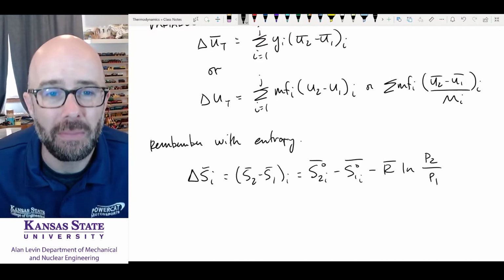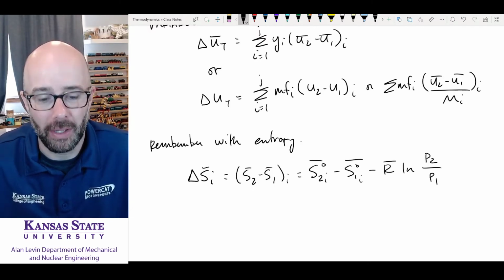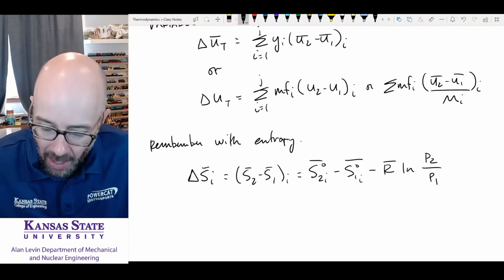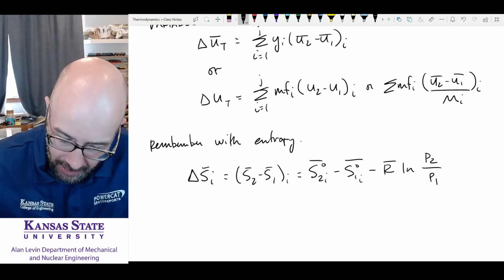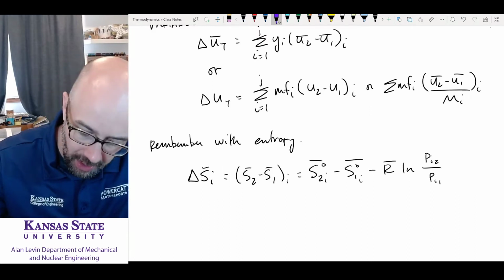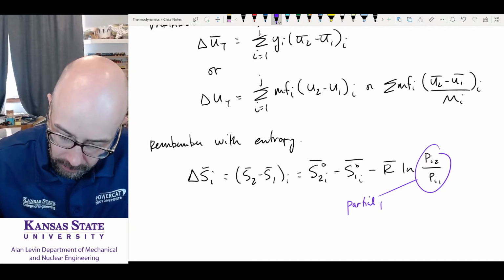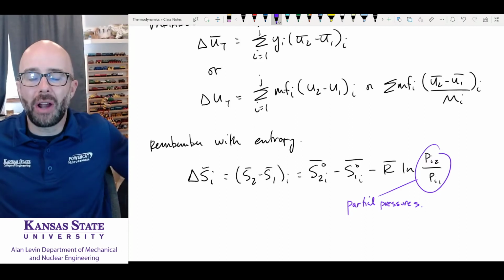We have to remember we have absolute entropies, the s degree, that we have to deal with. Now, what are these here? I should say they should be Pi2 and Pi1. What is happening over here? These are partial pressures, because of the pressure of the component.